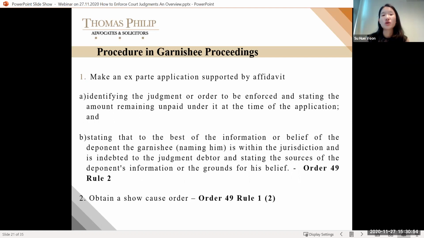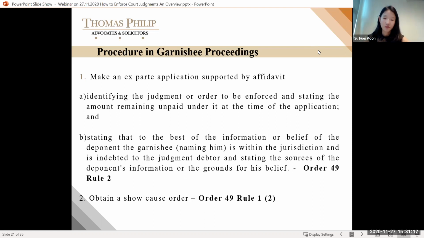That's when you might want to consider filing this ex parte application to identify the sum that you're seeking. You make the application to the court, and the court will decide whether to grant what is called a show cause order or not. It's under Order 49, Rule 1, Subsection 2.